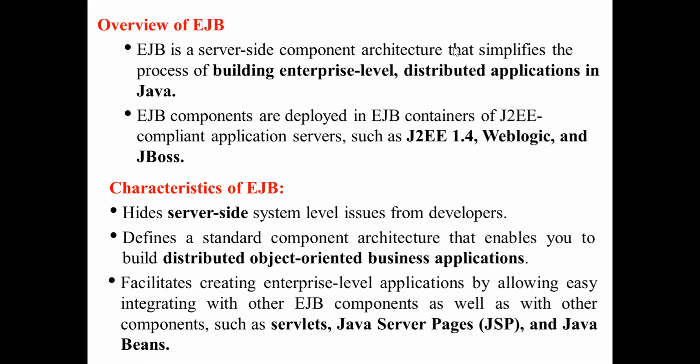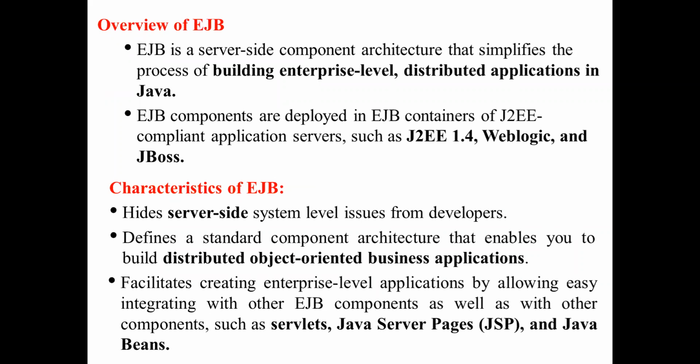Next, an overview of EJB. EJB is used as a server side component architecture. It specifies the process of building enterprise-level distributed applications in Java. This is a very important point to remember when you write about EJB.